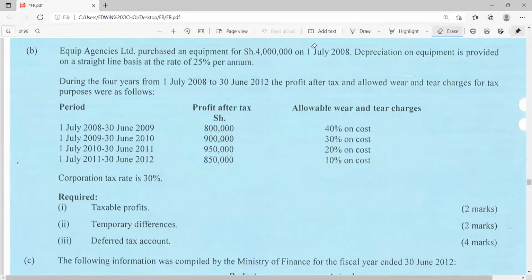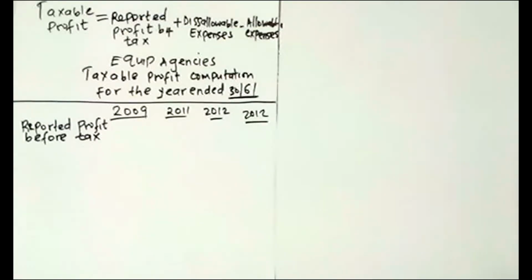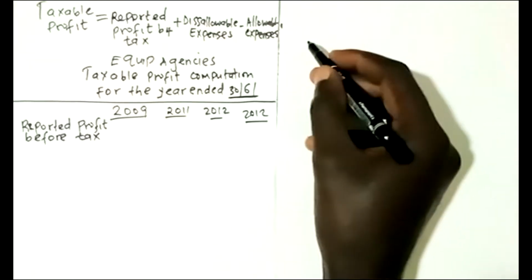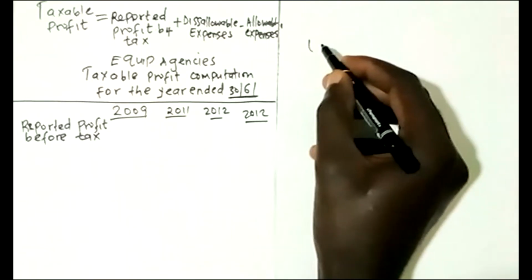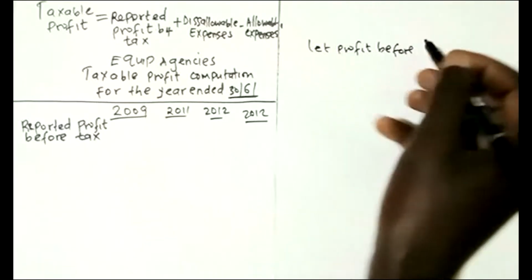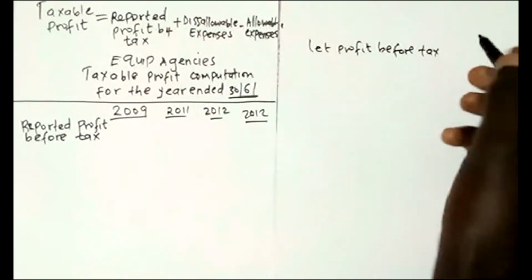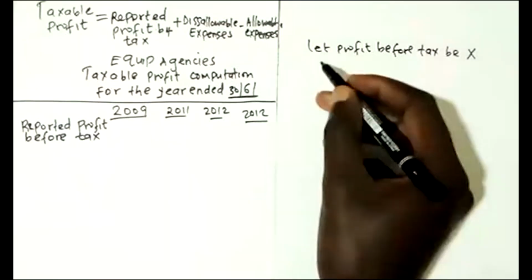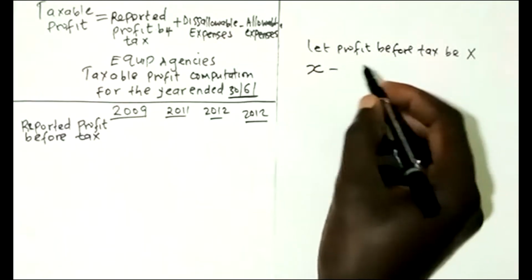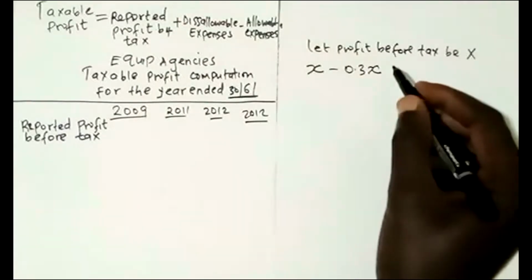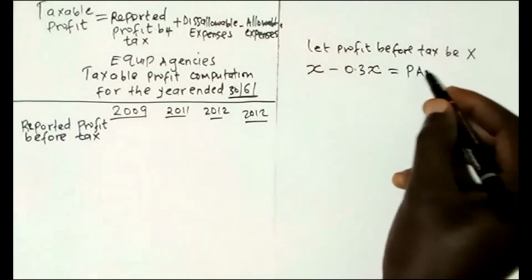You just develop an equation. Let the profit before tax be X. So if I take X, which is the whole, minus the tax, and tax, remember, is 30%, X minus 0.3X is equal to the profit after tax.